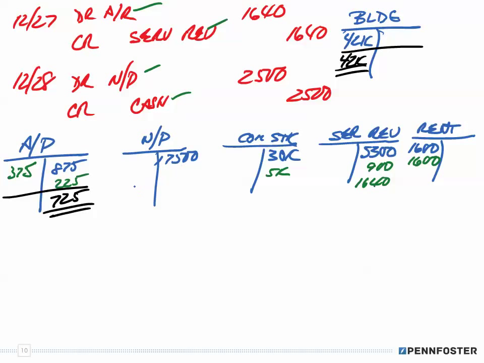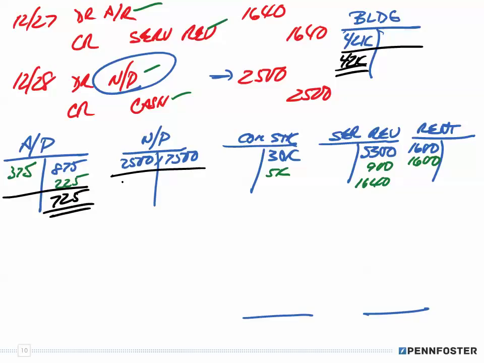When I'm creating my trial balance, my debits would not have equaled my credits because this note payable was for a debit of 2,500 and not a credit, so my 2,500 belonged on this side. If I didn't catch that, when I create my trial balance, my debits would not have equaled my credits, and that means I'd have to go back and find that mistake. And when I found it, then I'd correct it so that I would balance.